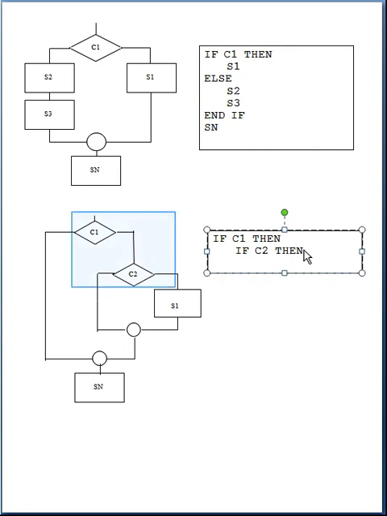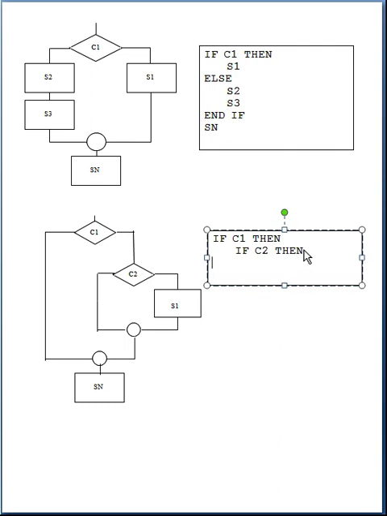Okay. A lot of these have two conditions in a row, so I've pre-coded them to make it easier for you. So if C1 then, if C2 then, S1. And now I need to finish off the else and end if of every one of these blocks.